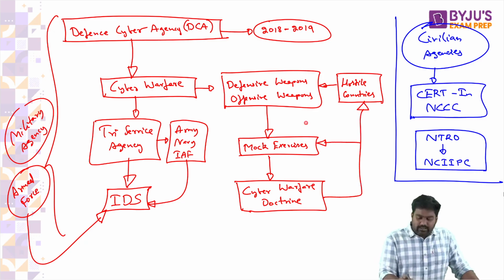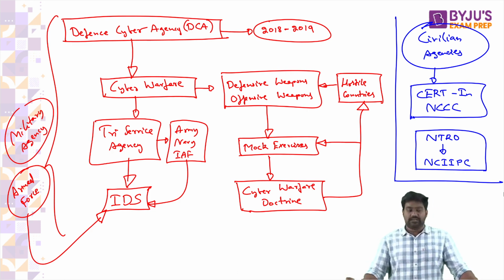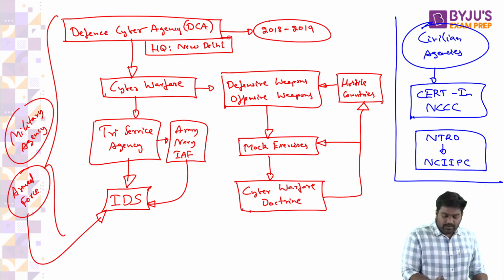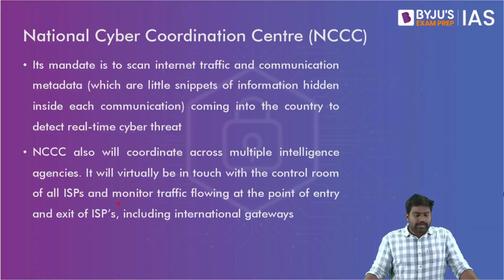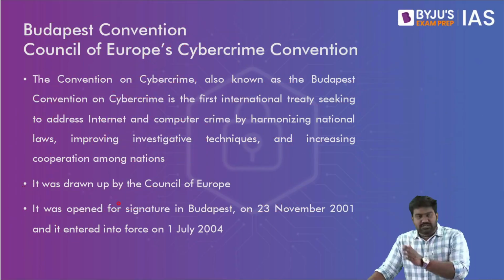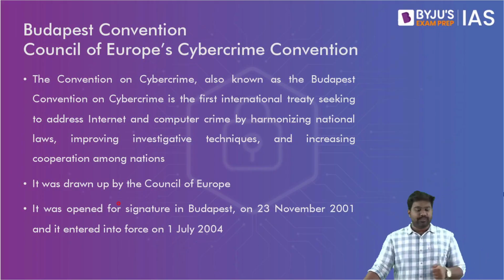And accordingly, required weapons are being developed and even mock drills exercises are being conducted. This cyber agency is headquartered in New Delhi. It's headquartered in New Delhi, functions under the IDS, the Integrated Defense Staff. All right. So these are the major cyber agencies of India. A list of civilian agencies and one armed force, one military agency.